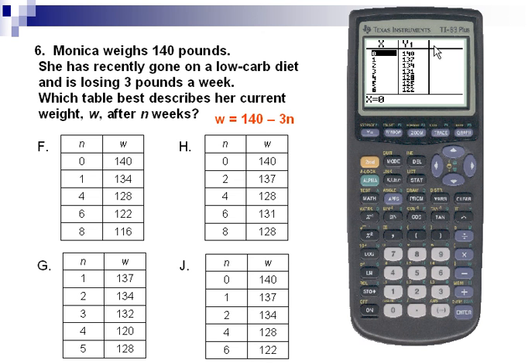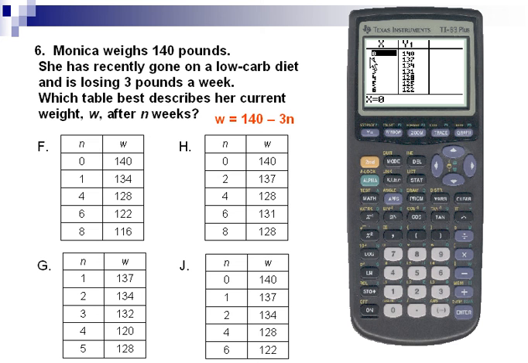Now that you have your table, compare the table in your graphing calculator to each table in the given answers. Notice at F we have 0, 140, which matches our graphing calculator, but 134 does not match. 1 should be 137, so F cannot be an answer.